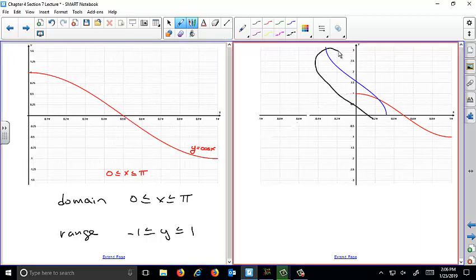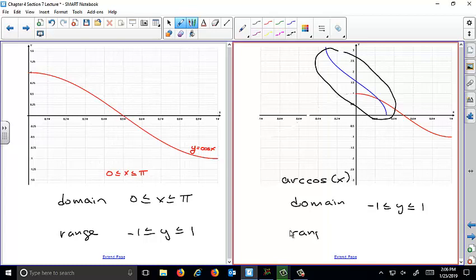This inverse function here, the arc cosine of x, its domain is from -1 to +1, and the range is from 0 to pi. I should have made that x over here, since we're talking about domain, it's x. Here, y is between 0 and pi.